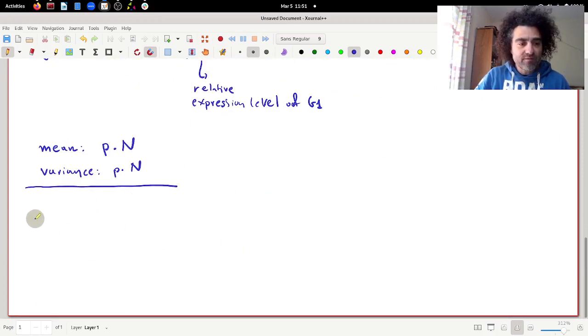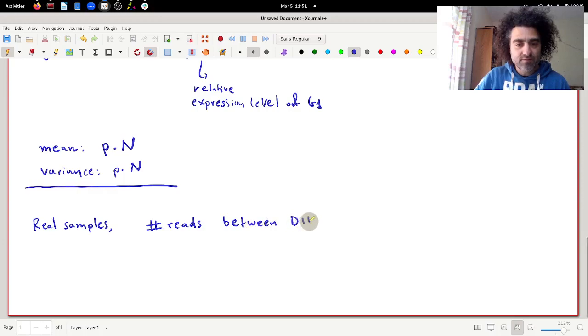But when we have real samples, what we actually do is that we measure the expression levels, so the number of reads here, between different individuals.